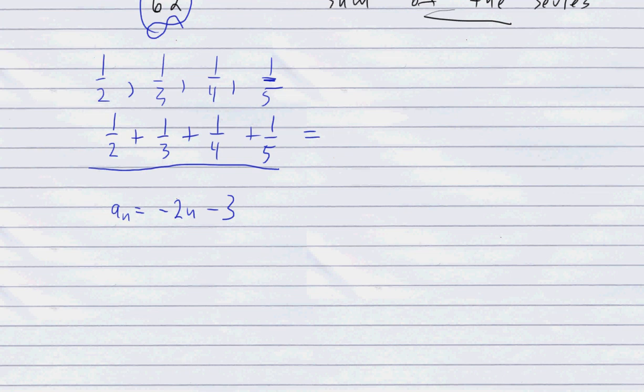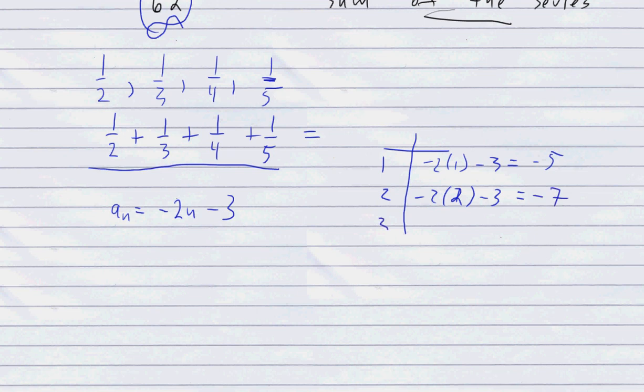Now we can generate the first terms of the series. Let's say the first 3 terms, to make this a little bit quicker. For n is 1, that would be negative 2 times 1 minus 3, which is negative 5. Then n is 2, negative 2 times 2 minus 3, which is negative 7.